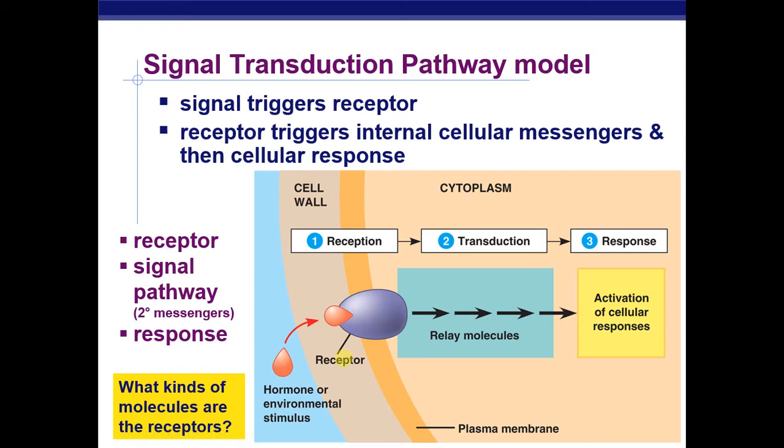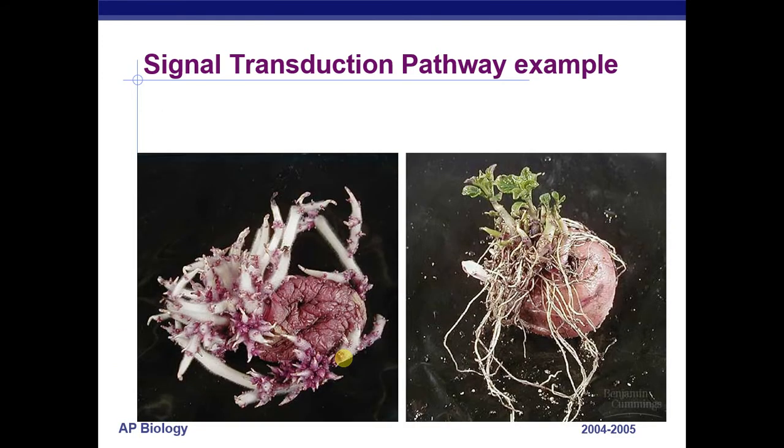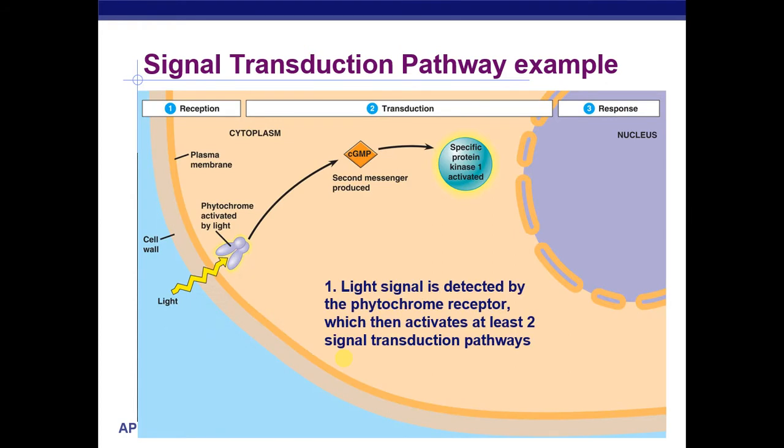So as an example, with the potatoes, light is the signaling molecule, and there's a phytochrome receptor, which is the part of the reception phase.